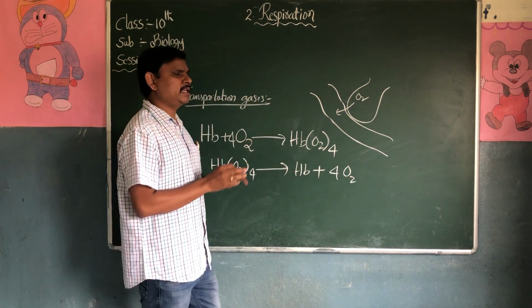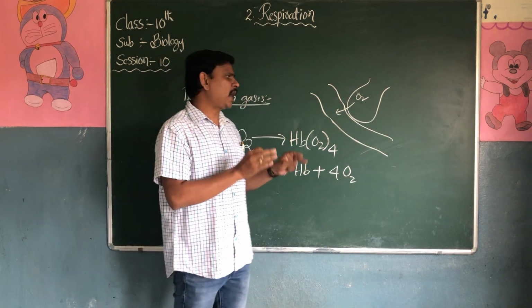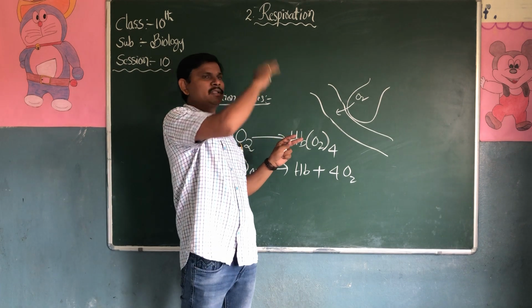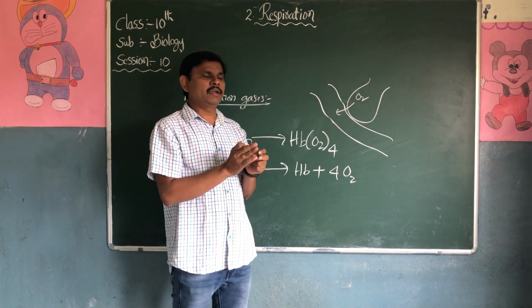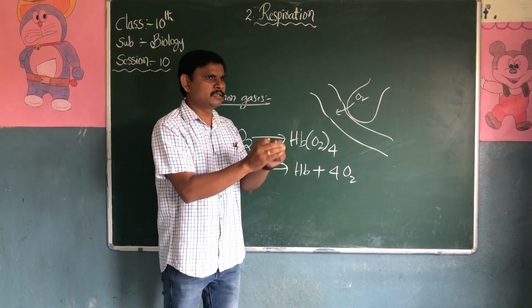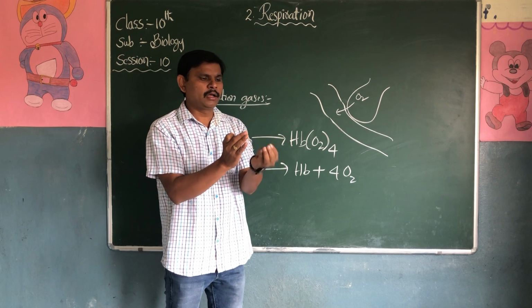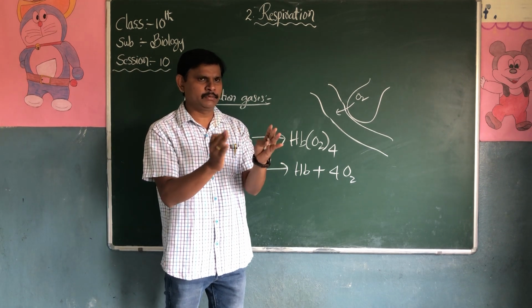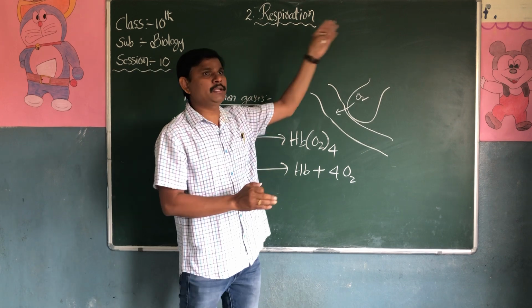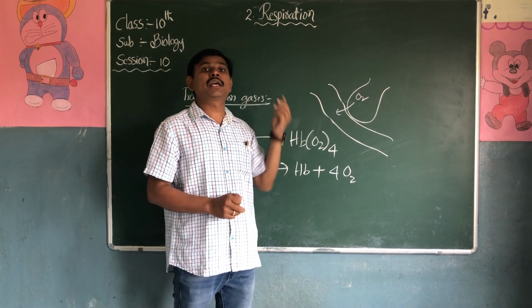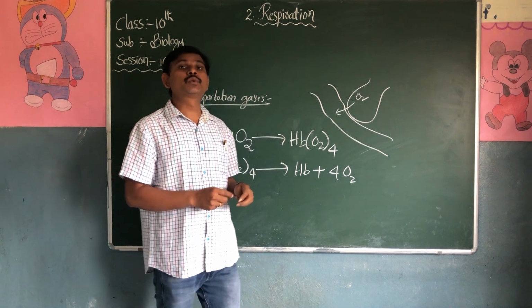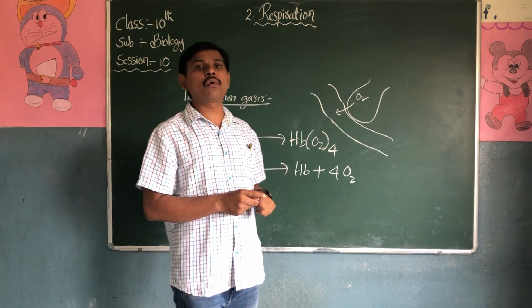When the oxyhemoglobin carrying oxygen enters the cell, it is divided, and this oxygen is supplied to the cell for cellular respiration, to break down glucose.